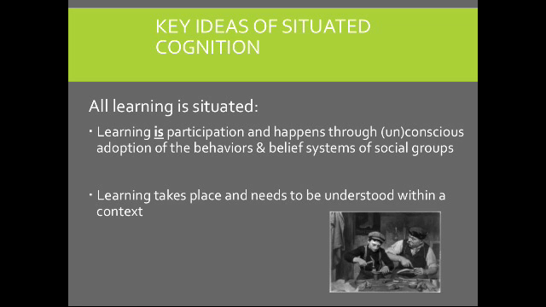And so situated cognition is really arguing that it's difficult to separate learning from the context in which it's occurring because what we do and how we think is so tied to context or to the situation.